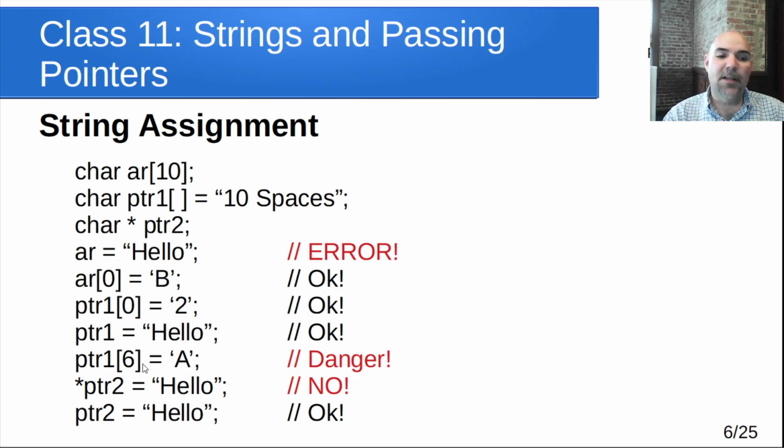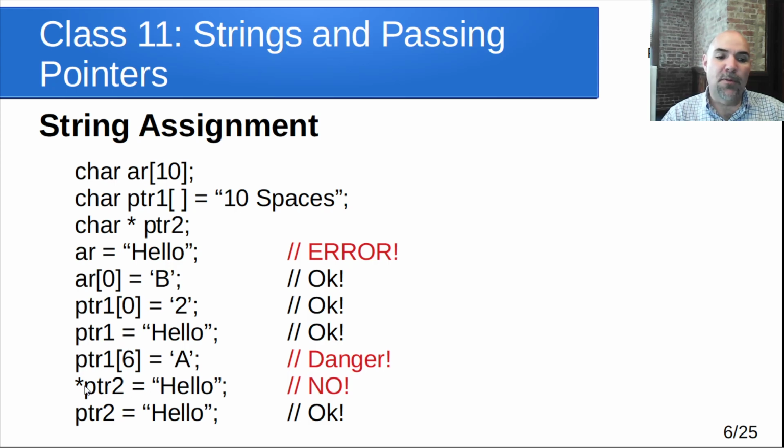Actually this would probably be not okay, because notice that we put the address of this hello thing in there, and now we're off the end of that. So we're off in a part of memory that was not allocated for this string. So this would probably compile, but it would be off the end of the array into another part of memory that doesn't belong to the string. So that's why that says danger.